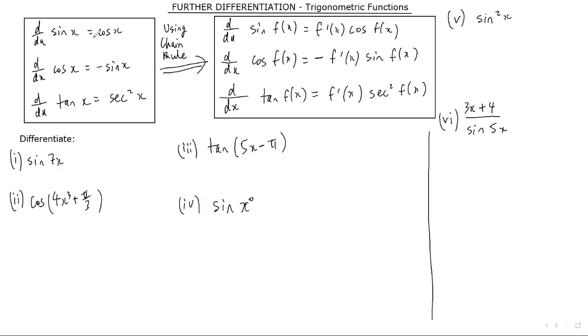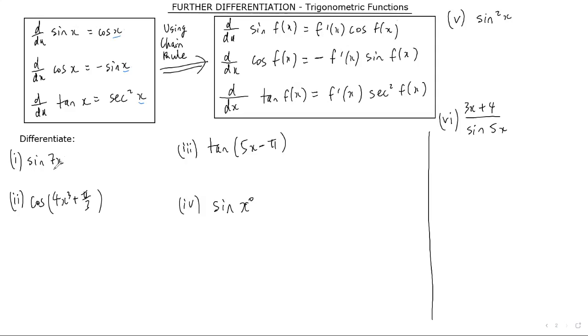Now, when we use the chain rule, we get this formula for when we're having something other than x, right? If it's not x, if it's something else, then we get this formula where you have the derivative of the function in front, and then it's cos of the same function.